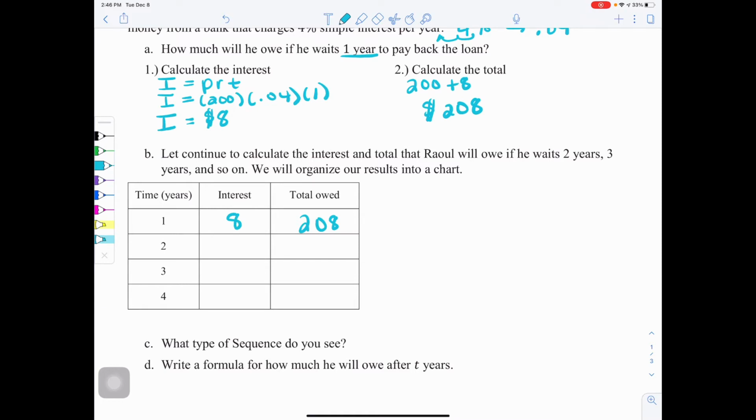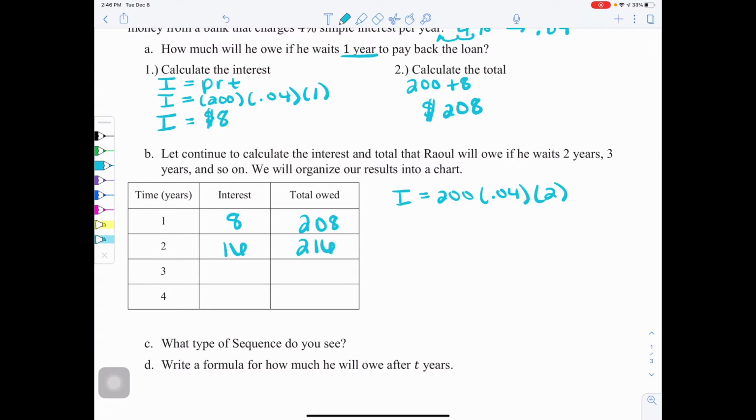If we were to do 2 years, just think about the fact that that formula up top would be interest equals 200 times 0.04, but then you would be multiplying it by 2. So that $8 would be $16 instead for a total of $216.